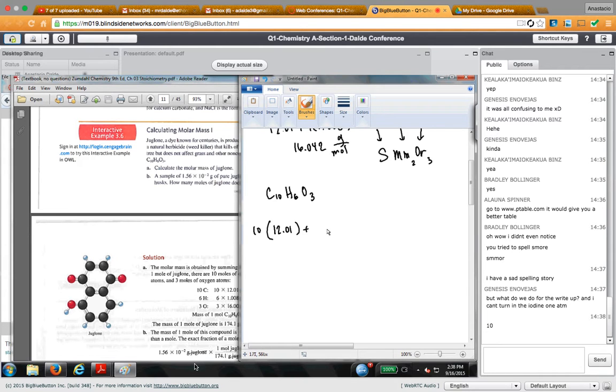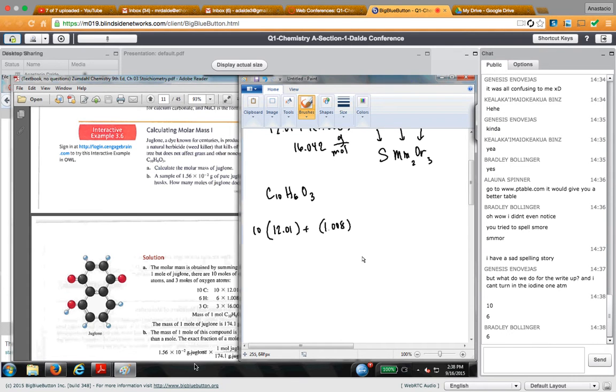There is 1.008, that's the molar mass of hydrogen, but how many hydrogens do you have? 6, so you multiply that by 6. And then you add oxygen, which is exactly 16.00. It's actually 15.999, but when you round it off to two digits, it's 16.00. And then there are 3 of those.